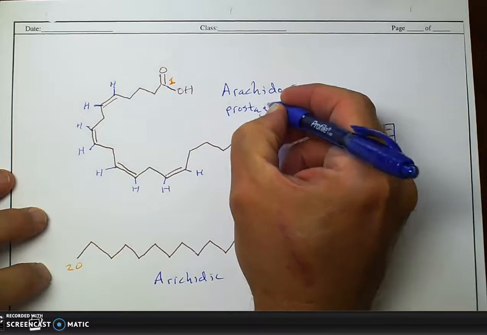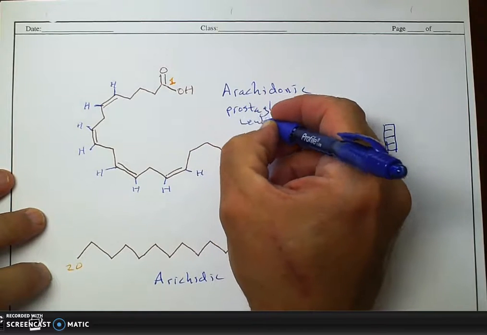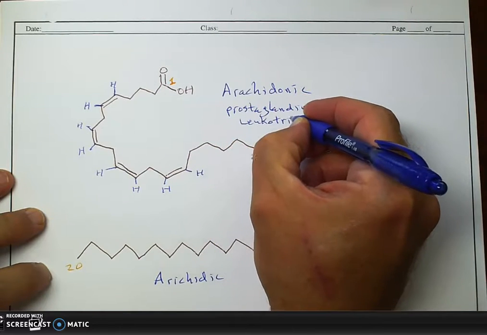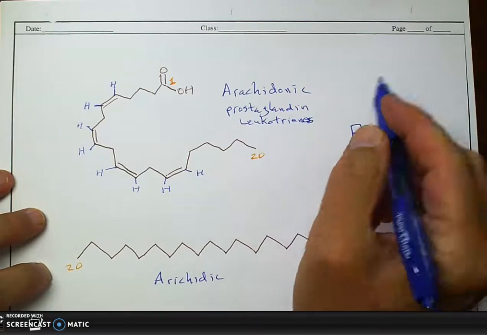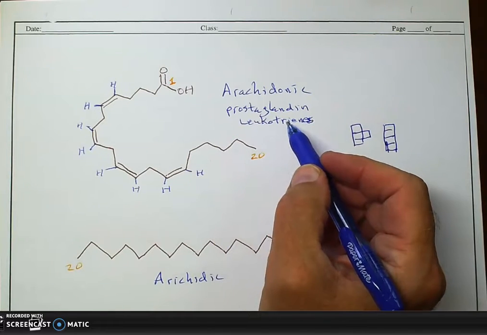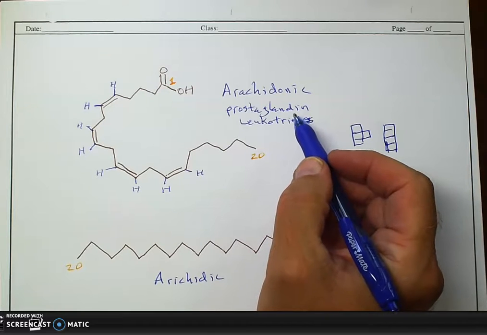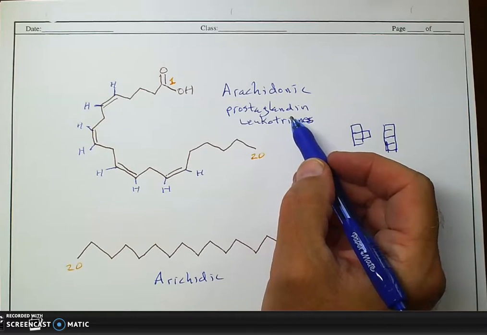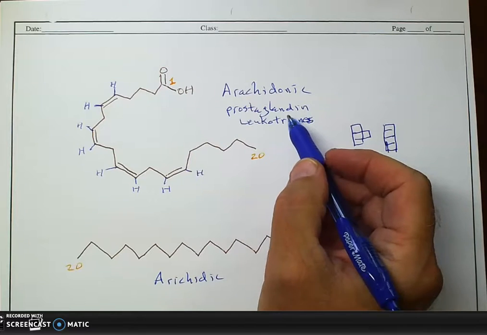and also things called leukotrienes. I guess I'm getting a little too far off into biology here. Leukotrienes are associated with things like asthma. Prostaglandins are technically not a hormone because they are not distributed through the body in the bloodstream.